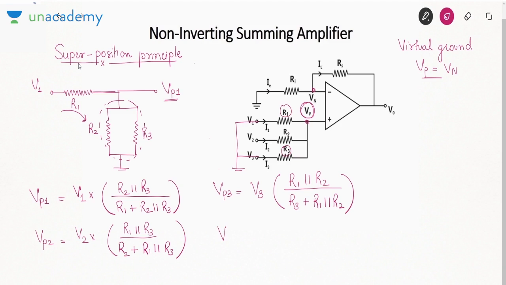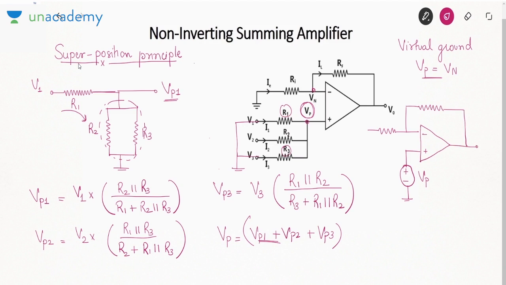Now by superposition, you can say VP is VP1 plus VP2 plus VP3. That means instead of this entire circuit, you just replace it with a source VP here, then this circuit.